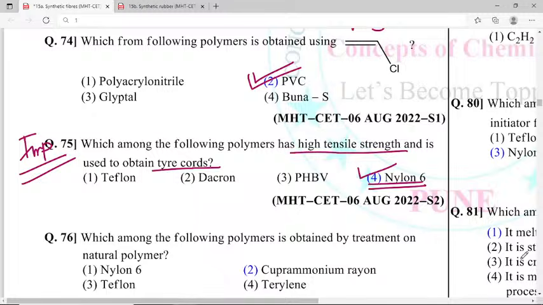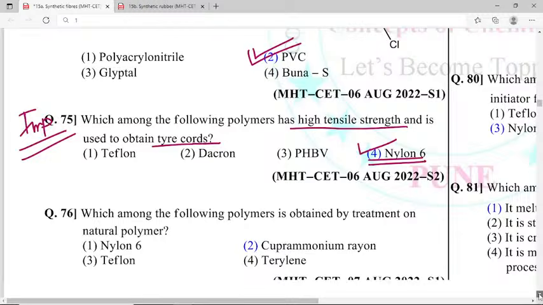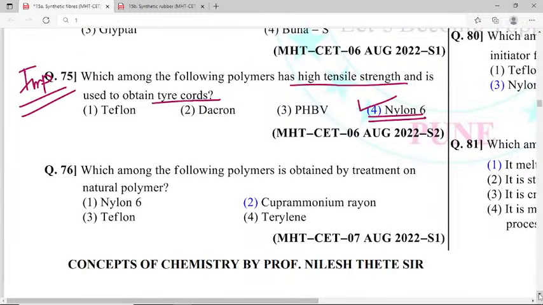Which among the following polymers is obtained by treatment of natural polymers? Cupra ammonium rayon.